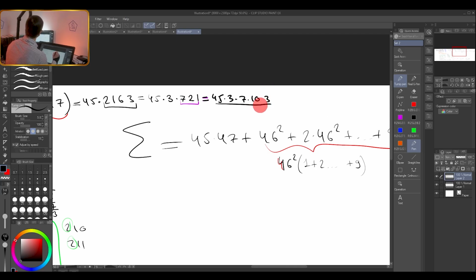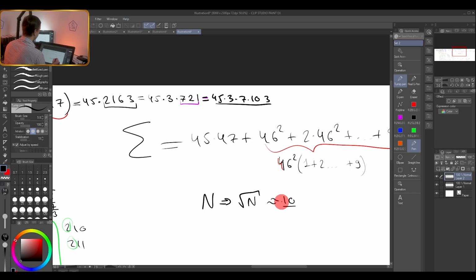Let's check if 103 is a prime number. If you want to check that some number n is prime, you should only check its divisors up to the square root of n, and this is it. In this case, the square root of this number is something about 10. And in addition, you shouldn't check all the numbers from 1 to 10.